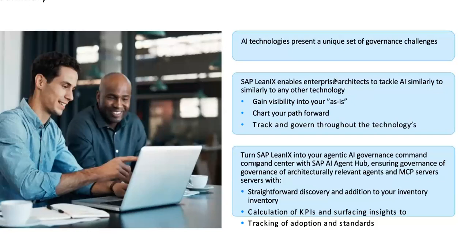And then you can calculate the KPIs and surface the insights to stakeholders. And then, of course, you can track the adoption and standards and do the analytics and evaluations on these agents through AI Agent Hub. So that's the key takeaway that I want to give you from an approach perspective and AI Agent Hub perspective.